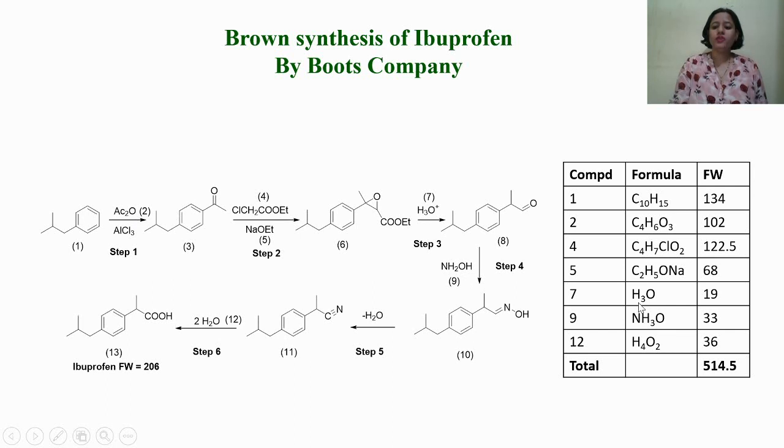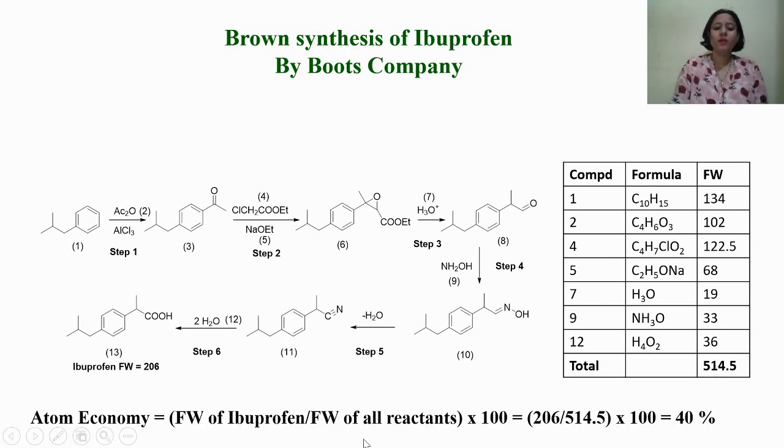The formula weights of all these will be summed up, and the formula weight of all the reagents is 514.5. So atom economy of this synthesis is the formula weight of ibuprofen, 206, divided by the formula weight of all reactants, 514, into 100. So atom economy of this synthesis is only 40%.